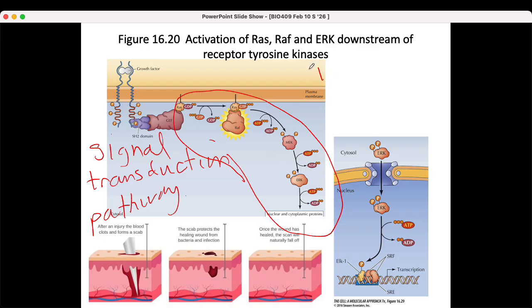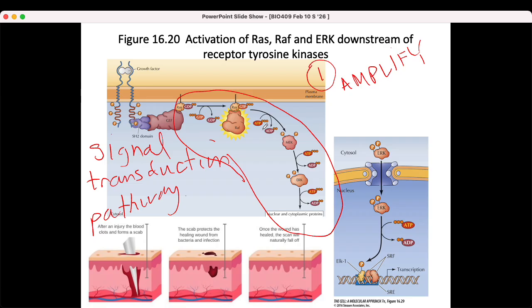They do really two main things, and one of them is they amplify the signal. So this is a perfect example of seeing that signal amplification, because enzymes, when they're activated, they just catalyze the reaction over and over and over. So one activated RAF can activate a whole bunch of MEK. One activated RAS only activates one RAF. There's no amplification there, it's just one-to-one.